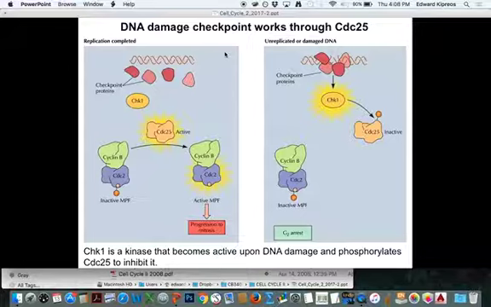If you don't remove that inhibitory phosphorylation, you're not going to get active CDK1 cyclin B, which is MPF, and you're not going to get into mitosis. So as long as there's DNA damage, or replication forks from unreplicated chromosomes, CHEK1 will make sure that CDC25 does not become active, and you can't get into mitosis.